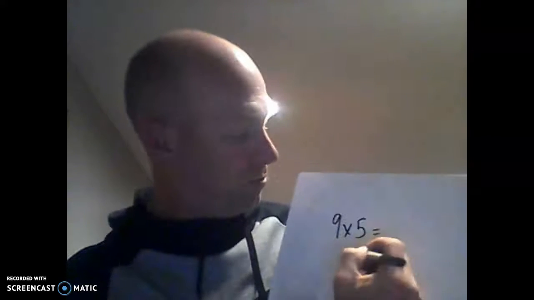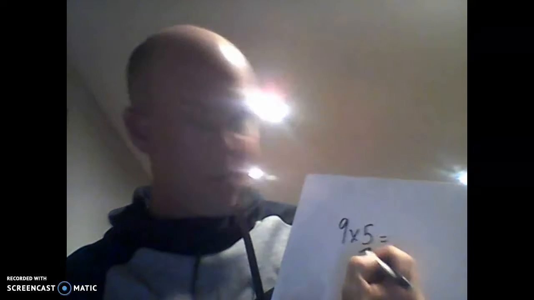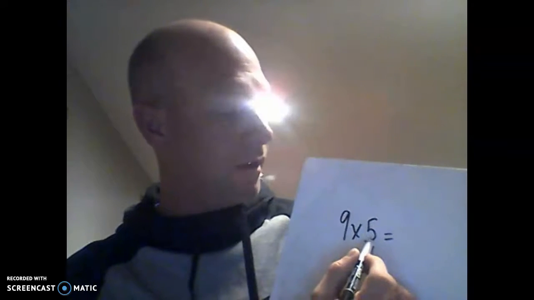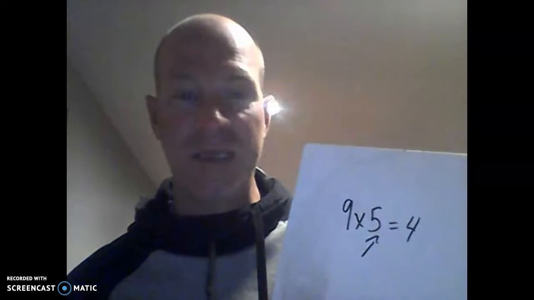Instead of counting by fives 9 times, an easier way is to point to the number 5. Say, all right, kids, point to the number 5 and subtract 1 from this 5. So 5 minus 1 we know is 4. So we know that 4 is the beginning number in our answer.